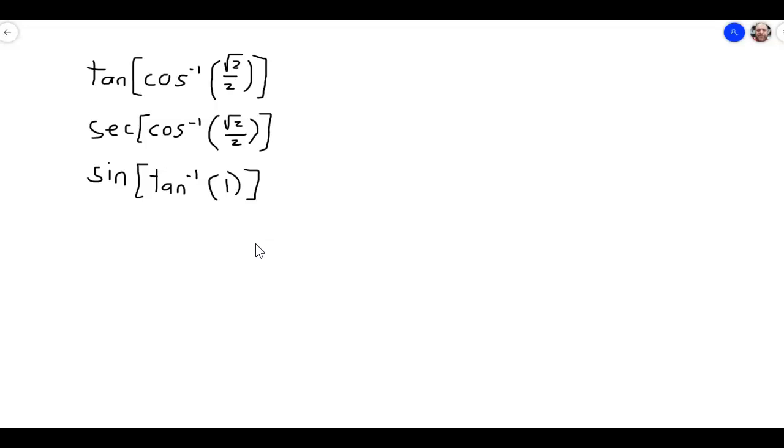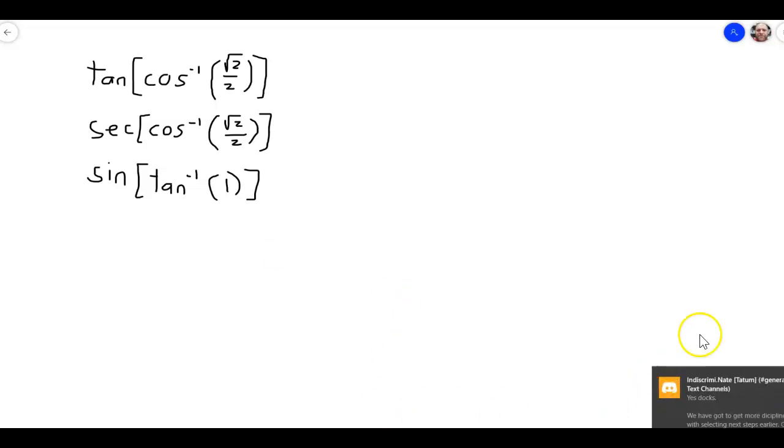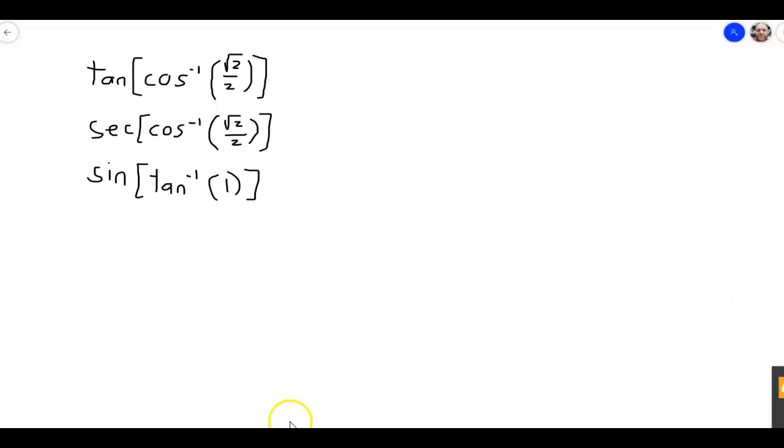So if you have an answer that is, for example, pi over 3, it's going to give you some decimal approximation for that. And if you don't know that that's pi over 3, then you might have an issue there.